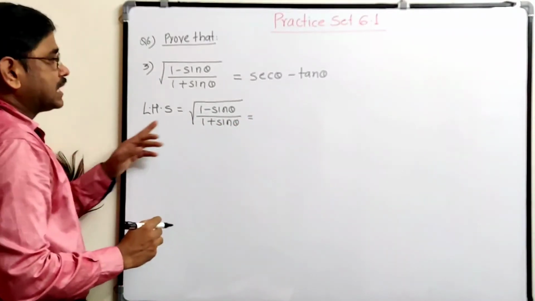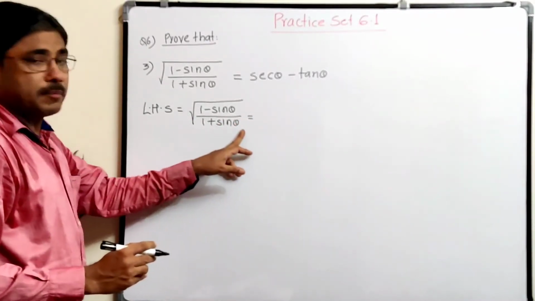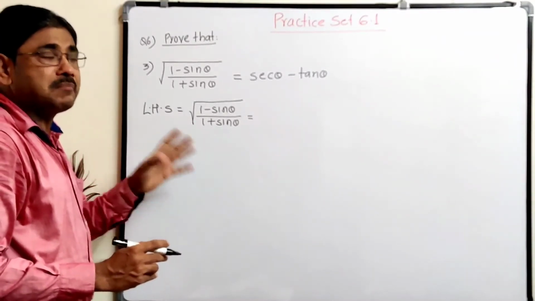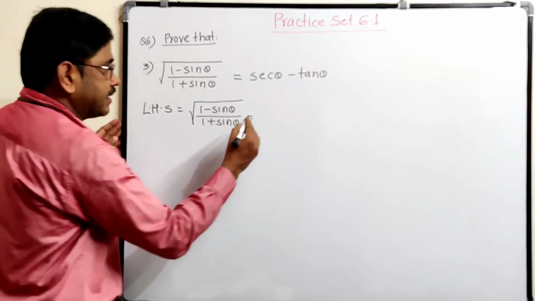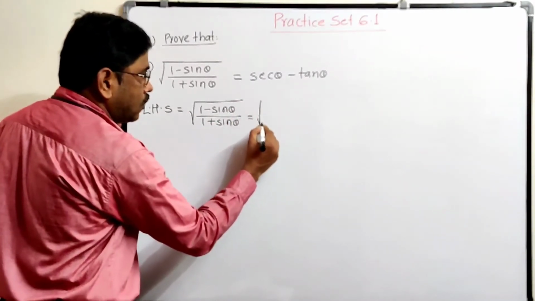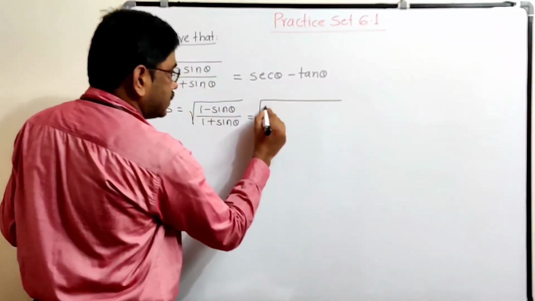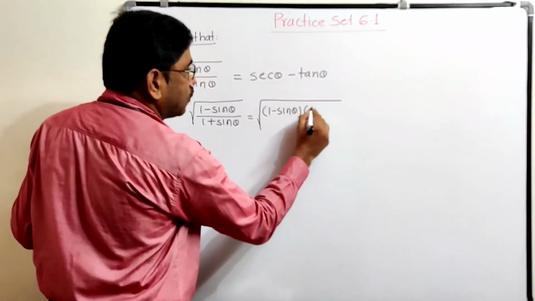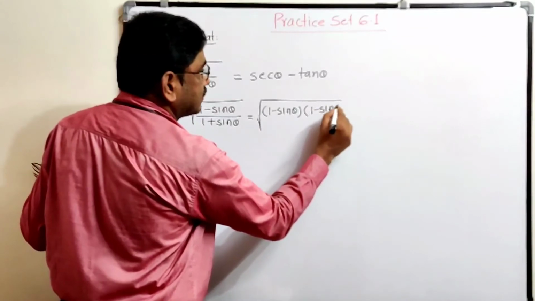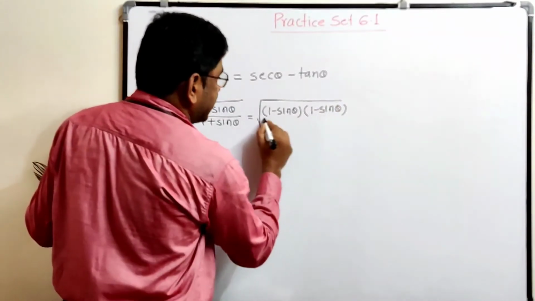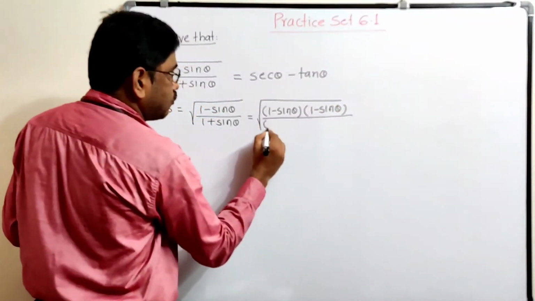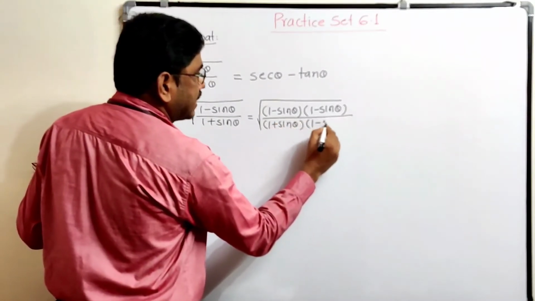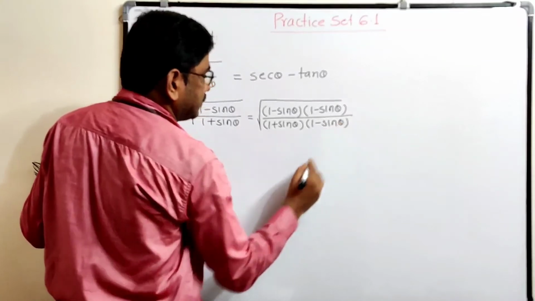Now multiply by the conjugate of the denominator. The conjugate of the denominator 1 plus sin theta is 1 minus sin theta, so we multiply and divide by it. So we get root of 1 minus sin theta into 1 minus sin theta divided by 1 plus sin theta into 1 minus sin theta.